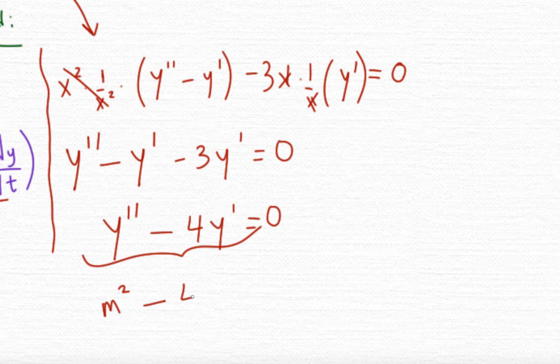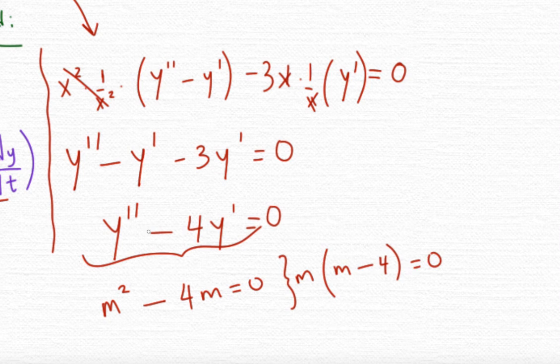Then we have to solve for m, so what we can do easily is factor out the m, and then we're left with m minus 4 equals 0. Because it's second order, we need two linearly independent solutions. So m equals 0, and we have m equals 4.